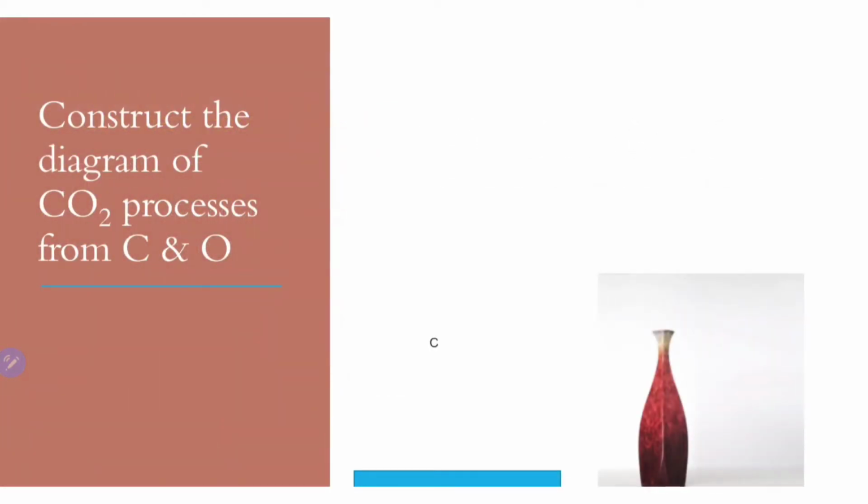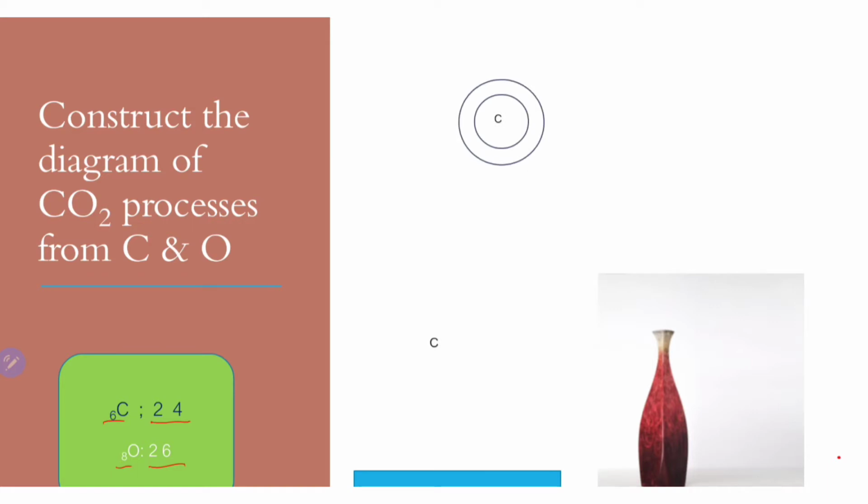Construct the diagram of CO2, processed from C and O. C is number 6, so the configuration is 2 and 4. O is number 8, the configuration is 2, 6. So there are 2 shells for carbon.